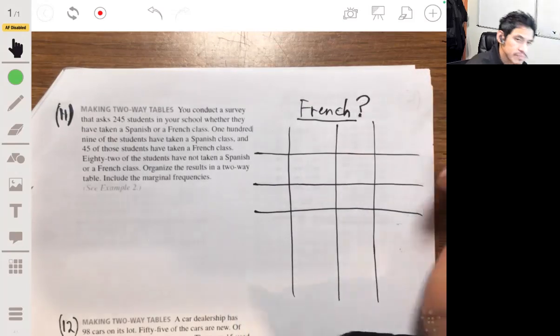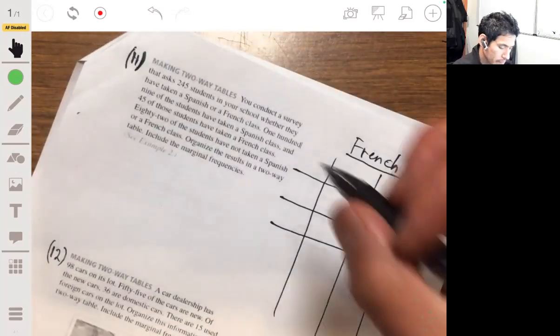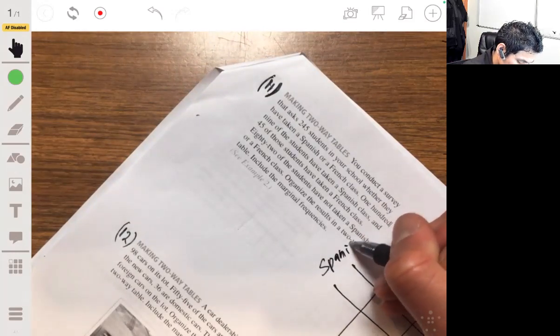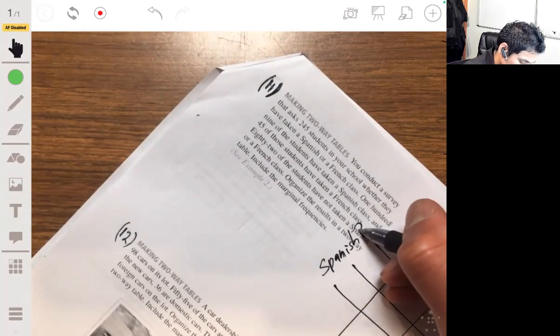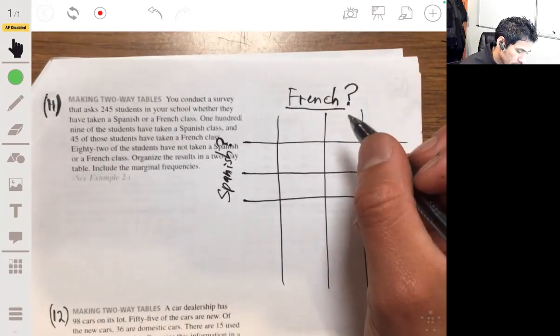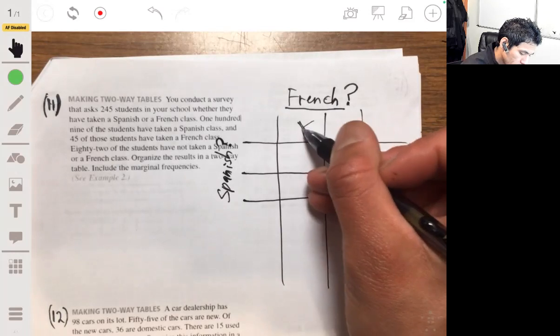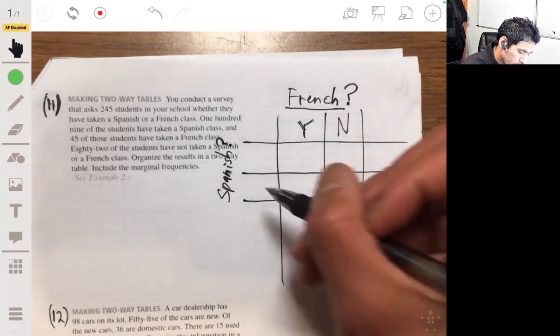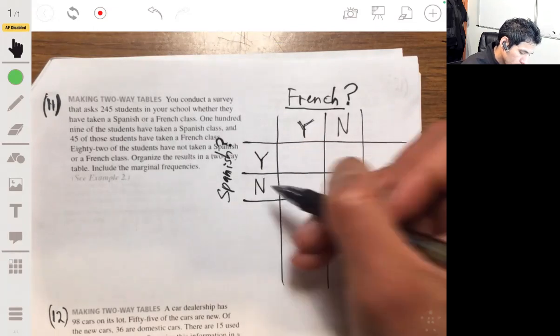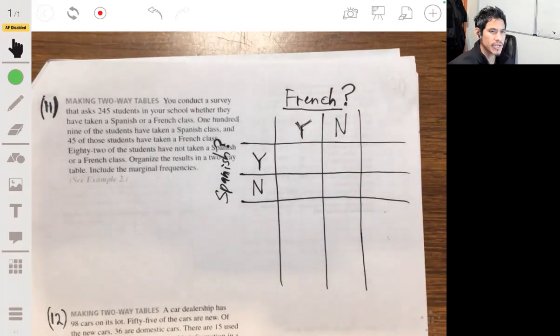So French, they take French. And here's going to say whether or not they answered: did they take Spanish? Español? We're going to put yes and no. Here we'll go yes, sí, or no, no. Let's fill it in.